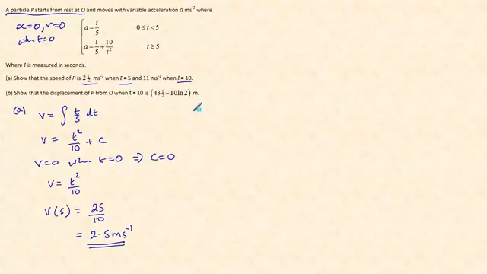So, in this region, v is going to be the integral of t over 5 plus 10t to the negative 2. So that's going to be t squared over 10. Then we want to add 10t to the negative 1 over negative 1 plus a constant.